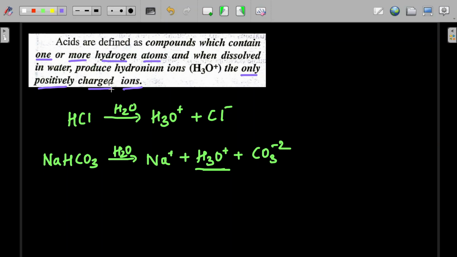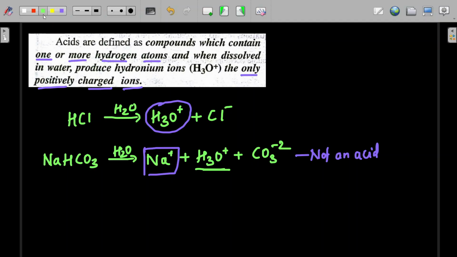The reason is that it is not the only cation. There is also the sodium ion, which is also positively charged. Therefore, this is not an acid. Only if the positive ion is the hydronium ion only, such substances we will call acids.